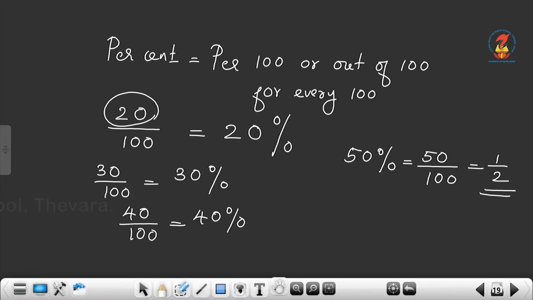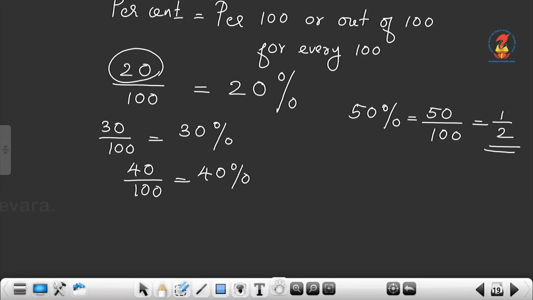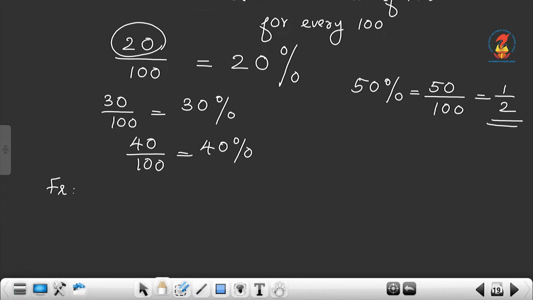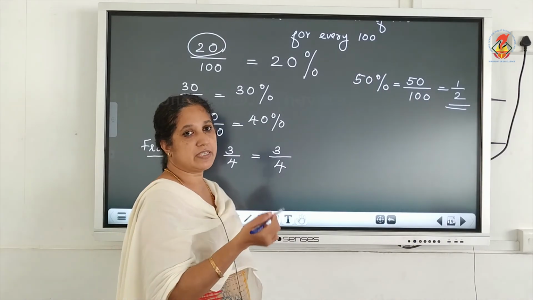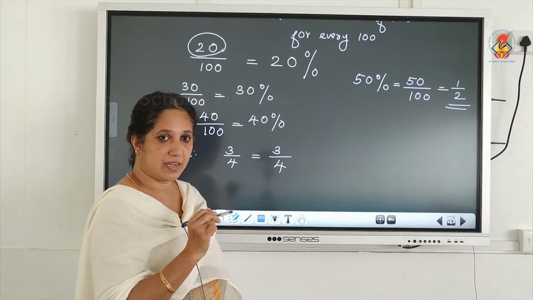Now if a fraction is given, how to convert it into a percentage? For example, 3 by 4 is given. You have to convert it into a percentage. So what you have to do is make the denominator 100, because percentages are the numerators of the fractions with the denominator 100.